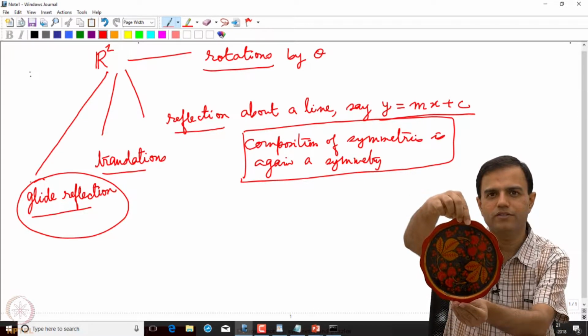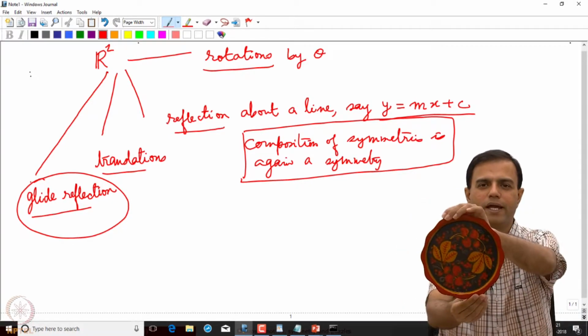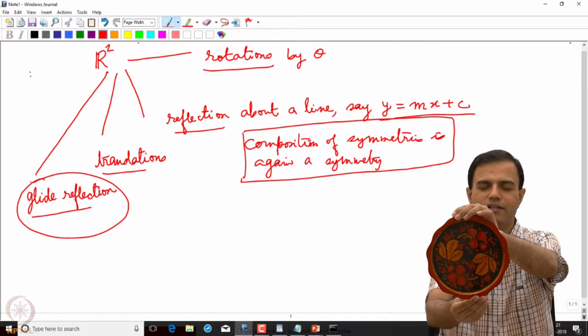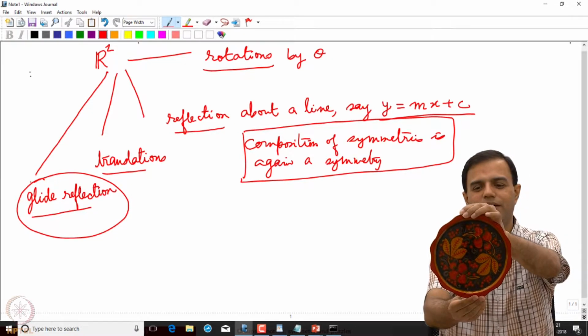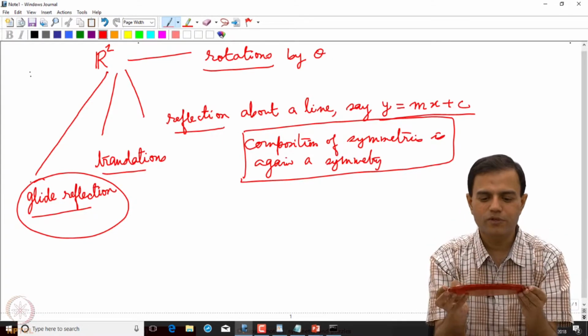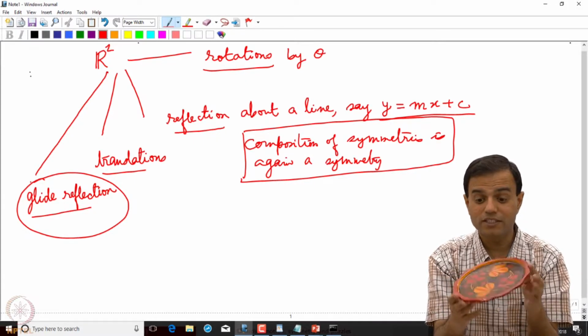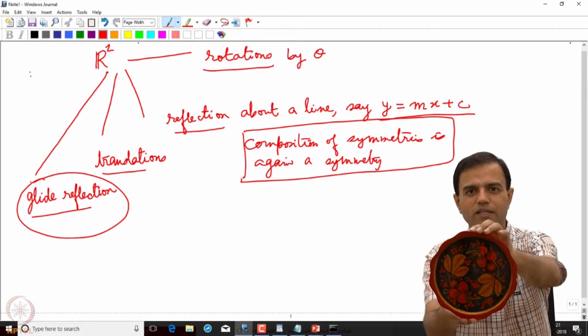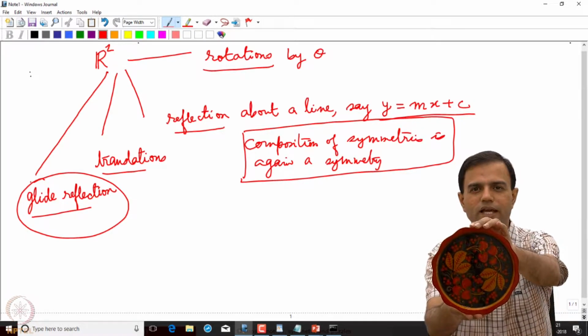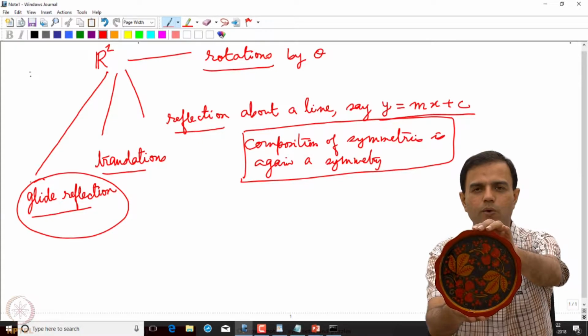Well, if I just rotate by 180 degree, there is a symmetry. Can you observe any other symmetry in this? Well, that's all. That's the only symmetry it is having, rotation by 180 degree. Quite beautiful. And making such artwork is, I'm sure, quite difficult. Want to see again this, and I'll just rotate by 180 degree.